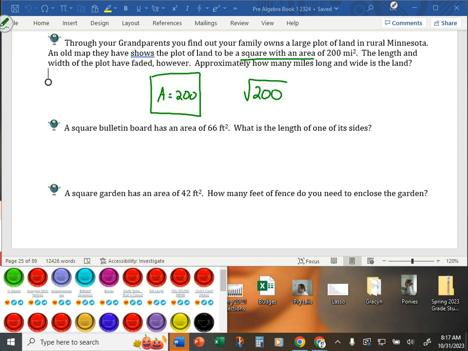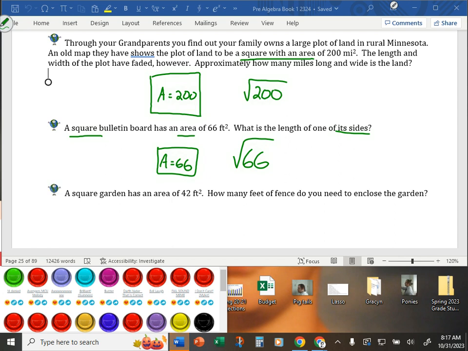A square bulletin board has an area of 66. What is the length of one of its sides? Am I asking you to do anything different or new here? No, same thing. You've got a square, you know its area, you're looking for the length of one of its sides. You're estimating that square root.